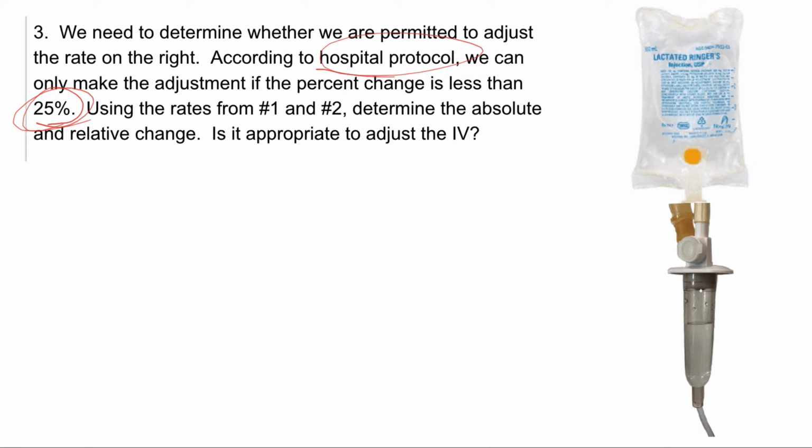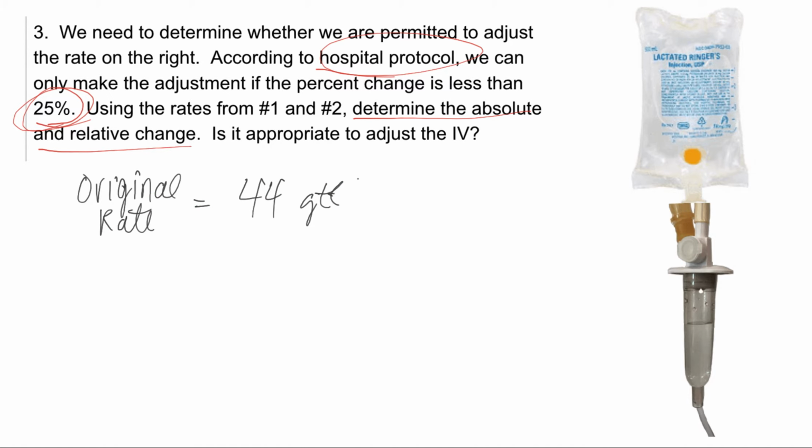And this is a good review from things we've talked about earlier in this academic year. Absolute change and relative change. So if you think back, let's think about what the original value was, the original rate. What it's currently operating at is 44 drops per minute. What the adjusted rate would be, we calculated for this to finish on time.